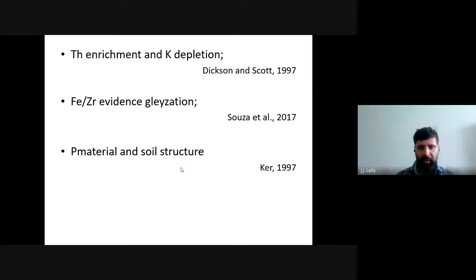So we can understand how the parent material can also help us in the description and understanding of the formation of a paleosol, but it's not so clear as when we are studying modern soils.